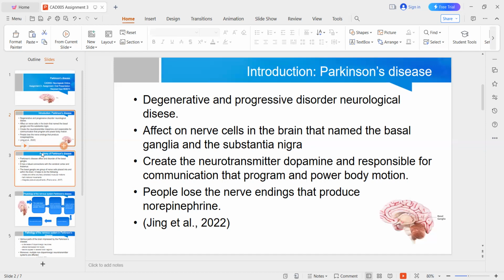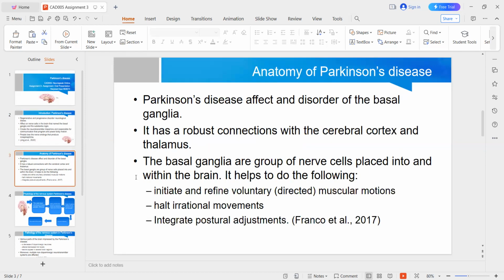Okay, the next slide is about the anatomy of Parkinson's disease. Parkinson's disease is a disorder of the basal ganglia, which has robust connections with the cerebral cortex and thalamus. The basal ganglia are a group of nerve cells placed deep within the brain.